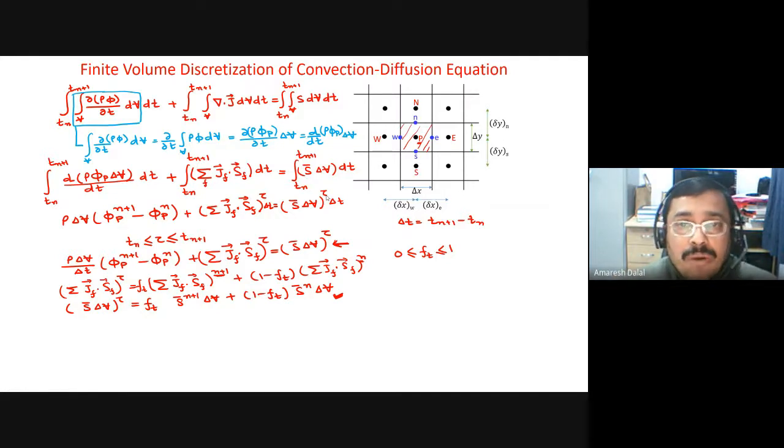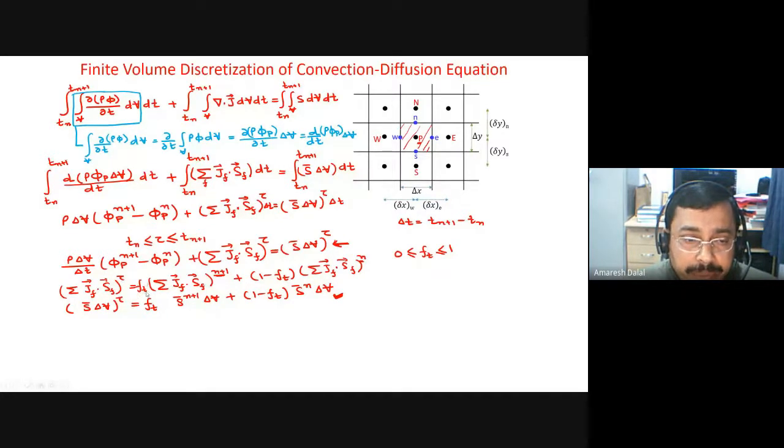So now how to find tau? Obviously, as I told, we have the values available at Tn or Tn plus 1. So now we'll just write this term, whatever we have discretized, in terms of tau, as a factor of Jf dot Sf at tau.